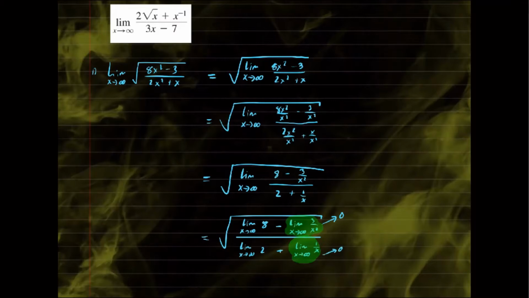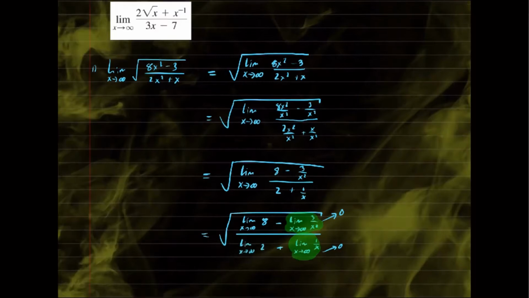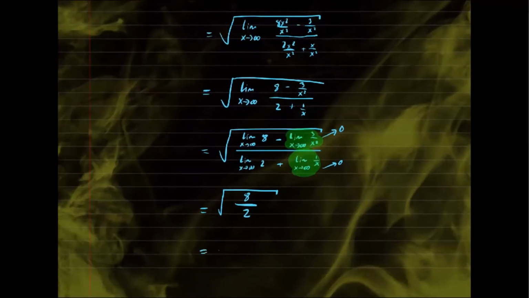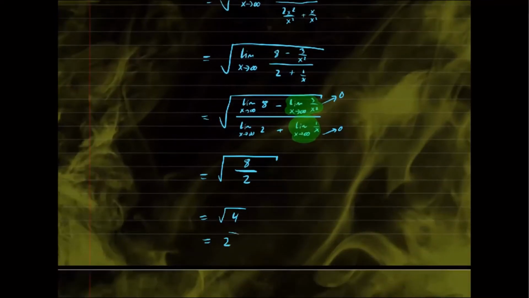So this is also 0. And of course, this is the limit of a constant. It's just that constant itself. So overall, what we have is the square root of limit as x approaches infinity of 8, that's 8, and limit as x approaches infinity of 2, that's 2. So this simplifies to simply square root of 4, which is 2. So the limit of this function is 2.